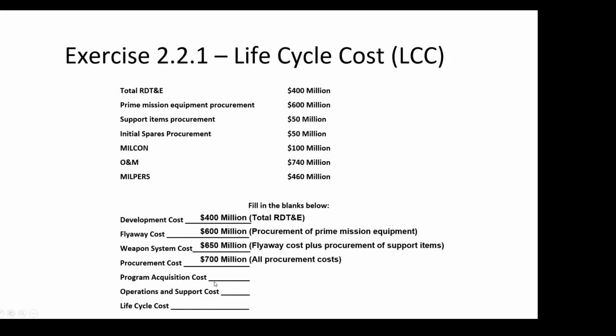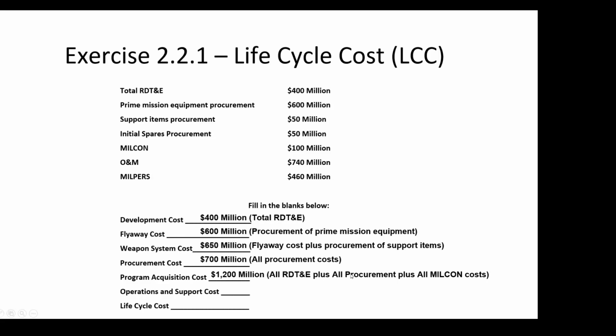Program acquisition costs. Remember the first square. Program acquisition cost by definition is when I add up all my RDT&E, all my procurement, all my military construction. So when I add up the 400, the 600, the 50, the 50, and the 100, I get 1,200 million.